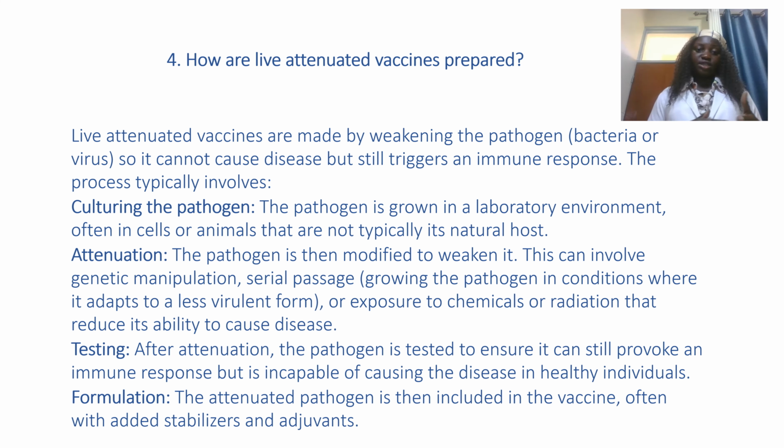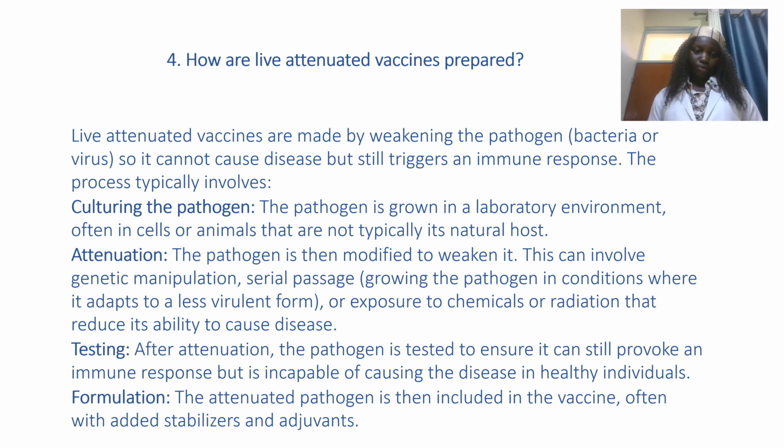This involves genetic manipulation, serial passage, growing the pathogen in conditions where it adapts to a less virulent form, or exposure to chemicals or radiation that reduce its ability to cause disease.